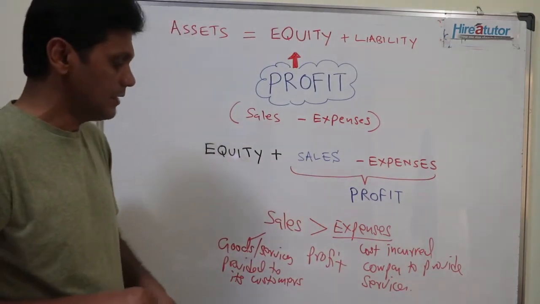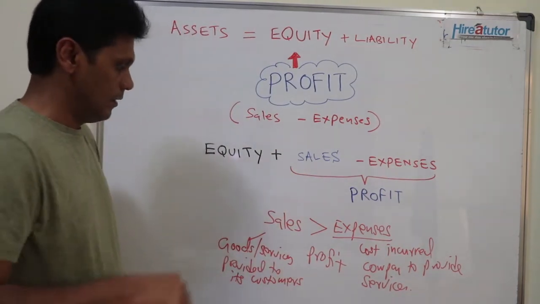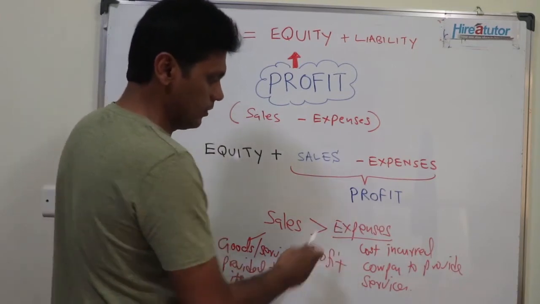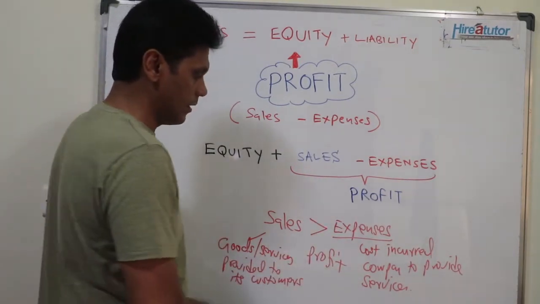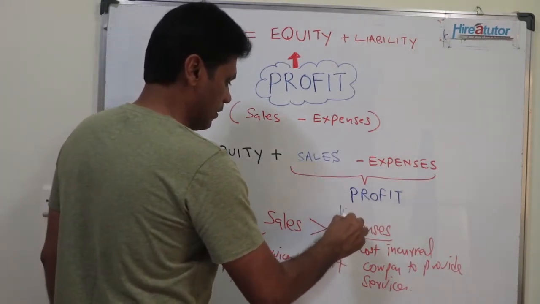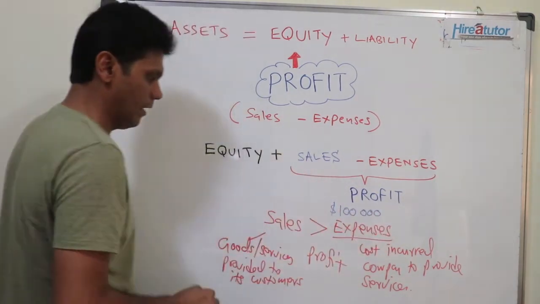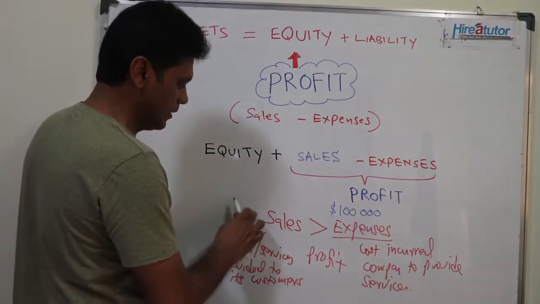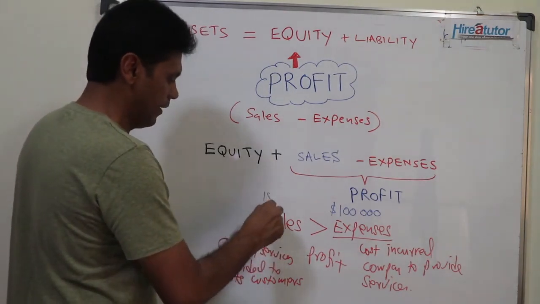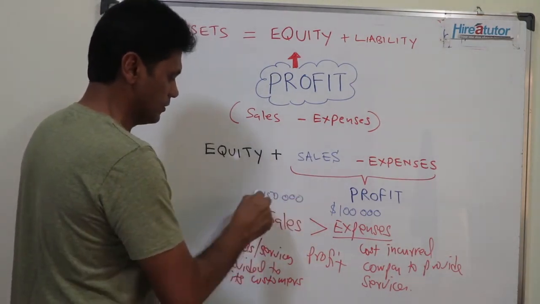In this case, let's assume the cost incurred by a company is around $100,000 and the company has made sales of $150,000.